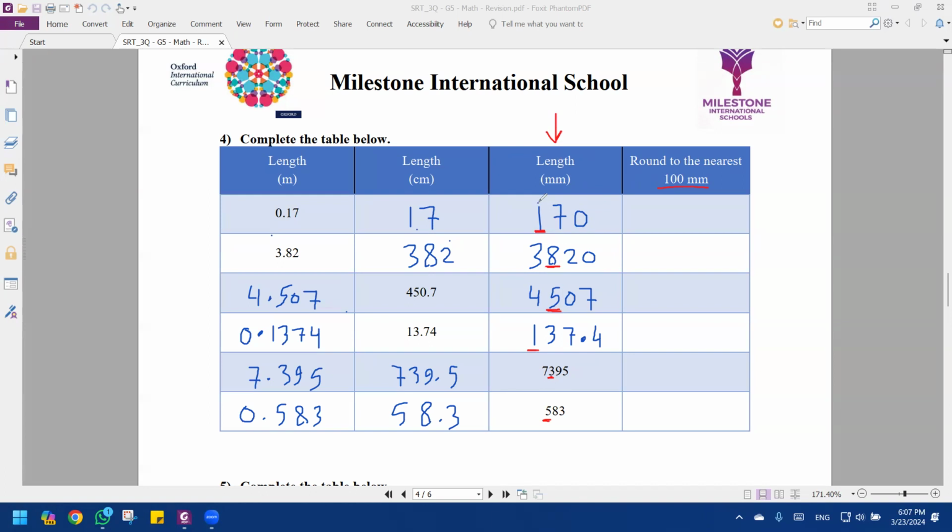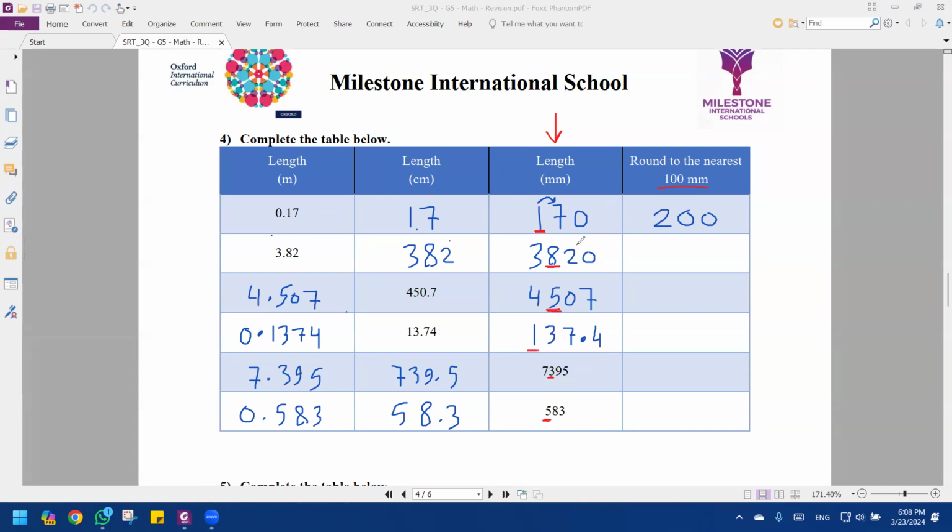Now the first one, 1. We look at 7, 7 round up. So that one will be 2. But here it's not decimal, we have normal values. So imagine 170. If I need to round it up, would it be 2 or 200? It's 200, so we put 2 zeros instead of the 70. Now, 3,820.